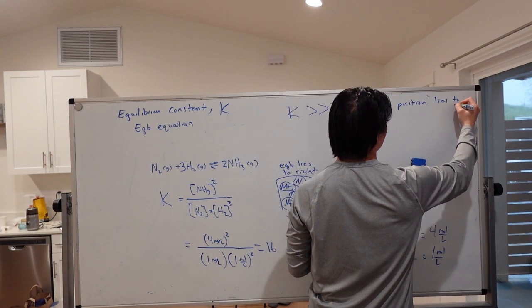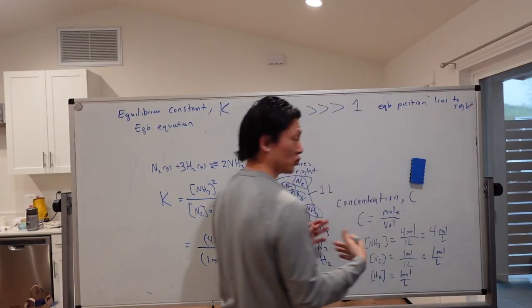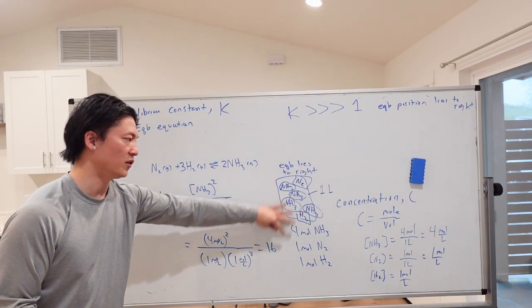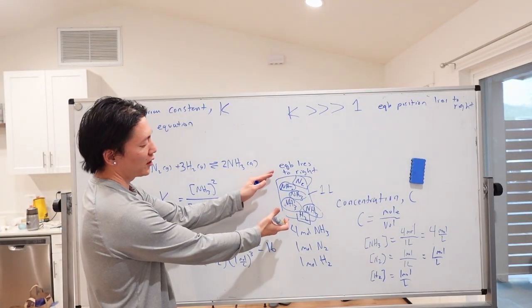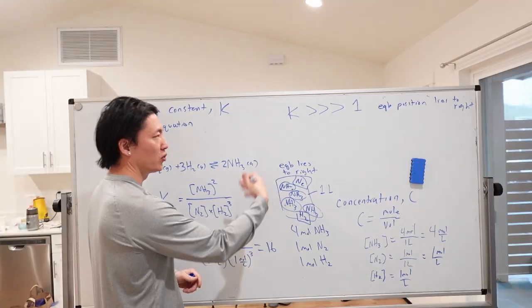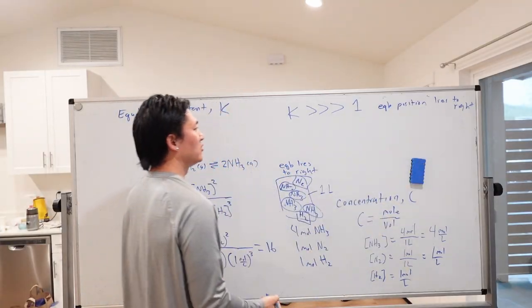In other words, there are more products in the mixture. In the reactant and product mixture at equilibrium, there's more product. It lies to the right.